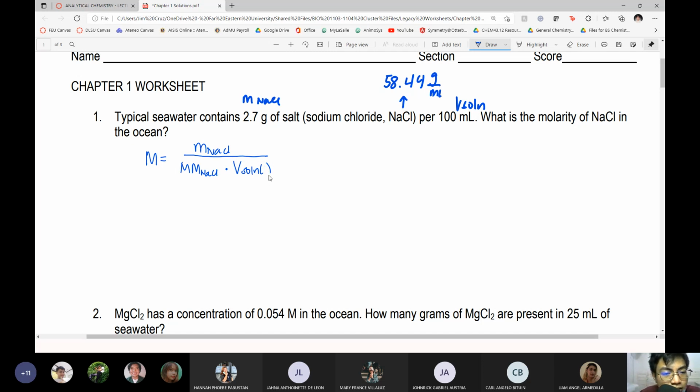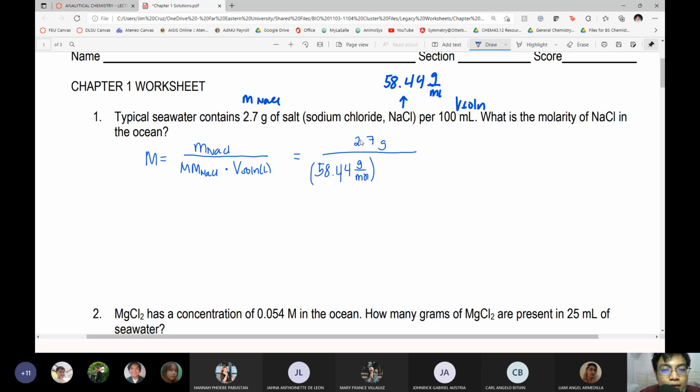Okay, so in liters. And then plug in 2.7 grams. Molar mass NaCl, that's 58.44 grams per mole. Ayan.